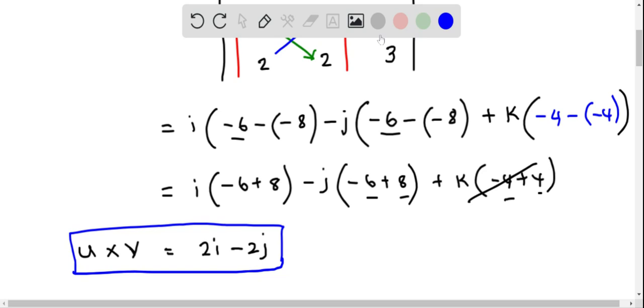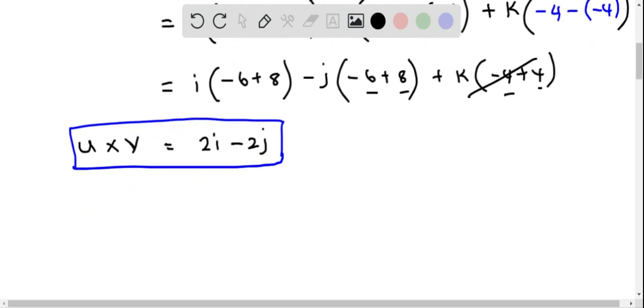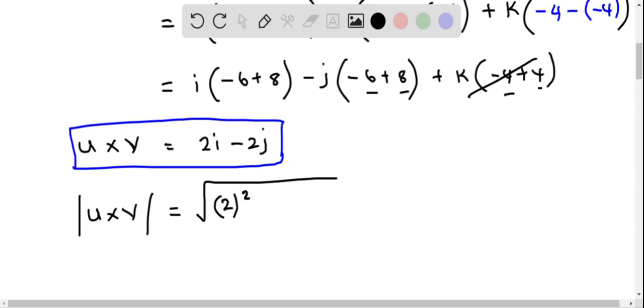Now let's determine the magnitude of this u cross v vector. So I write the magnitude of u cross v, and this equals, we have to take the square root of the sum of the squares of the components. So the i component is 2, so we take its square, plus the j component is -2, so we take its square.